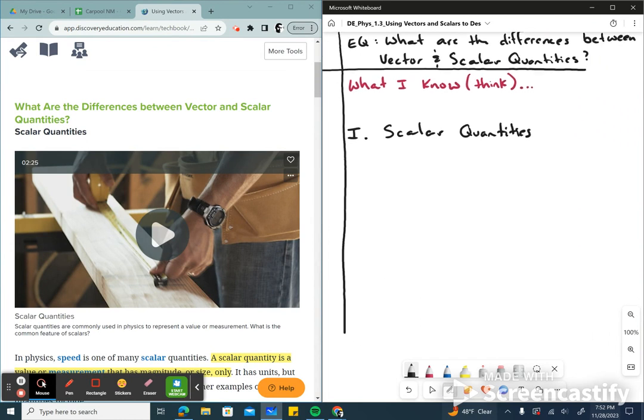If you've already watched the videos, you may recall that they've talked about both scalar and vector quantities as being mathematical representations.